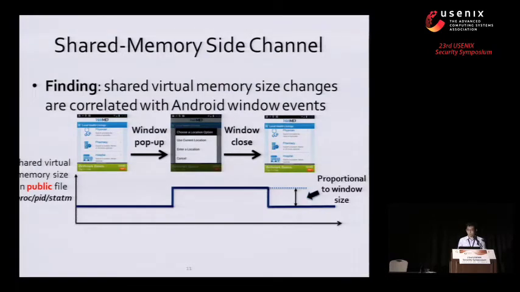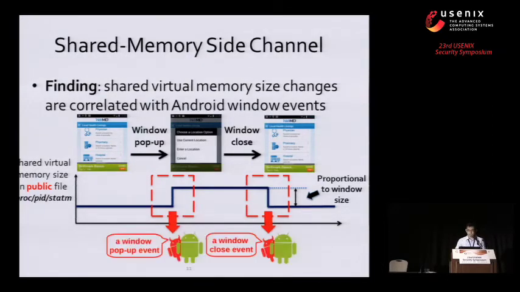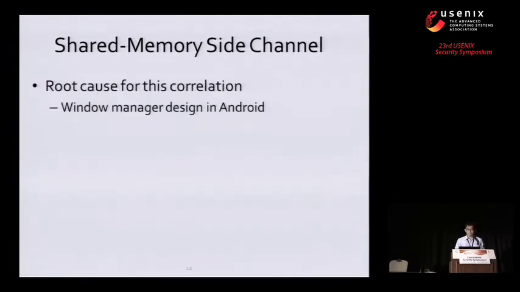The increase and decrease size are proportional to the window size. This gives the attacker a very good chance: if he can see this increase and decrease, then he can conclude a window pop-up or close event. Since an activity is a full screen window, this helps us detect the activity transition, right?